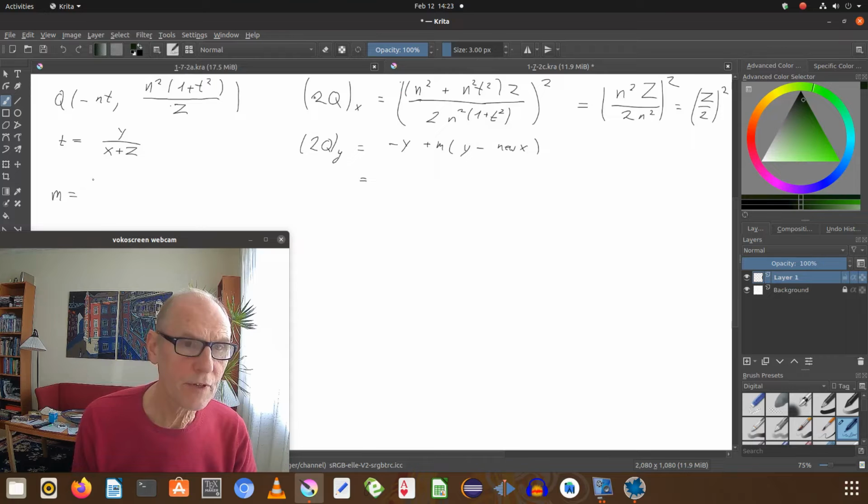It's the derivative, 3x squared minus n squared divided by 2, and then the y value.